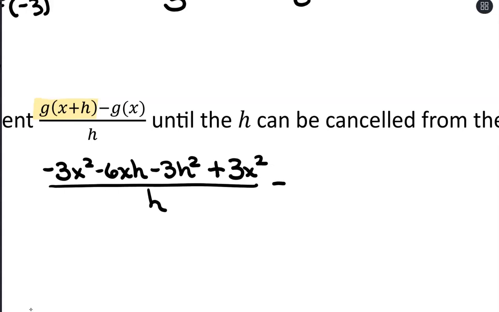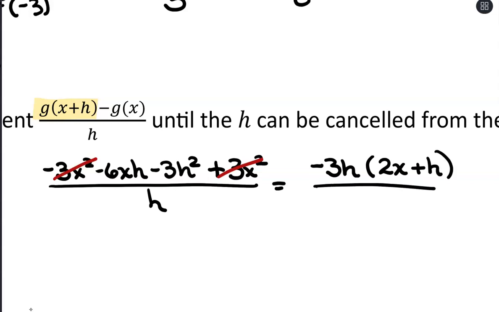Okay, so with that, we're going to see negative 3x squared and plus 3x squared. That's going to turn into a 0. And then I'm going to go ahead and take a common factor out. I have a common factor of negative 3h in that numerator. So that'll be a positive 2x plus h all over h.